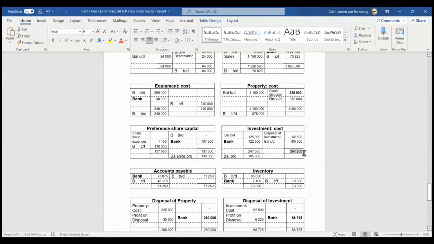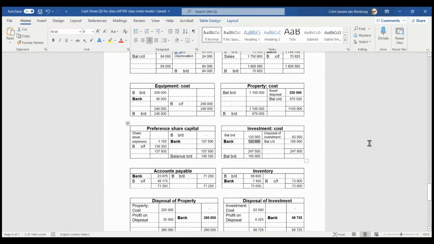We add up the larger side, which gives us 247,500. We copy that total over to the opposite side, and we see our balancing figure in this case comes to 122,500.